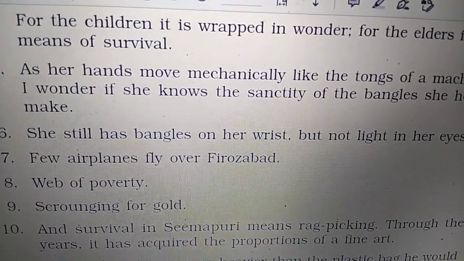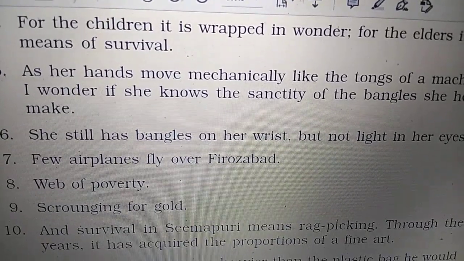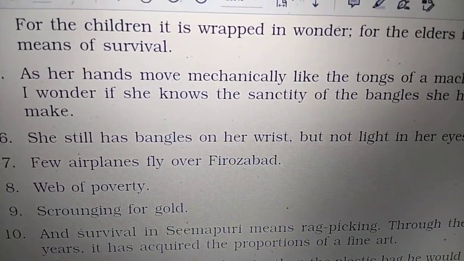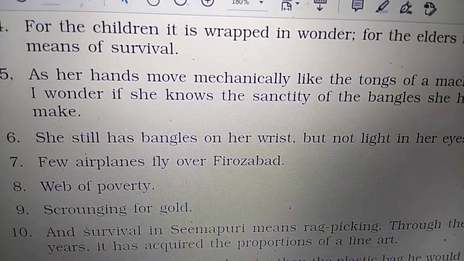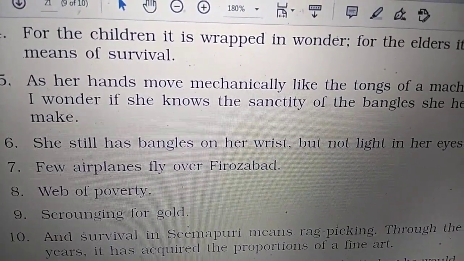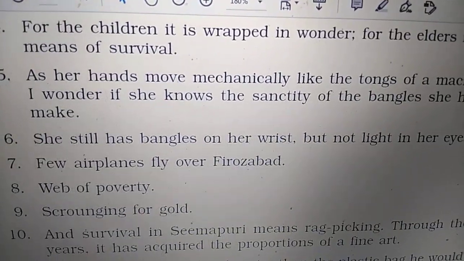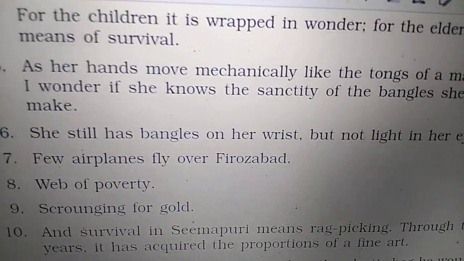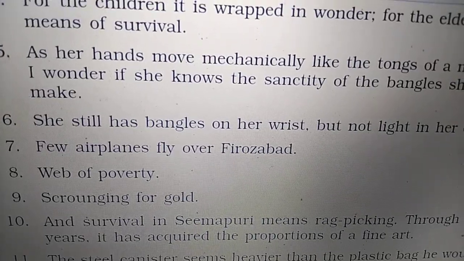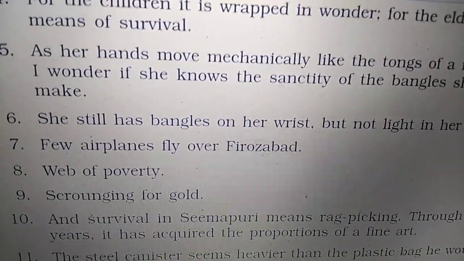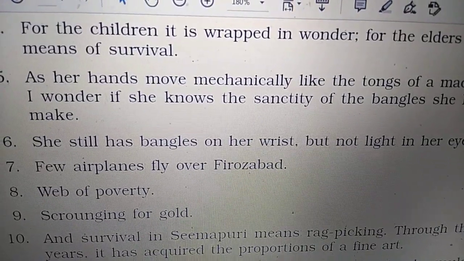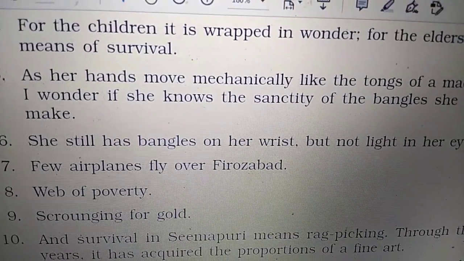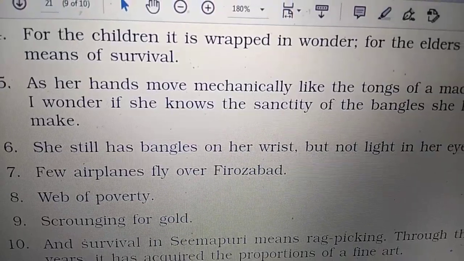Next one is "Few airplanes fly over Firozabad." Here you can see that the author has repeated the consonant sound f in few, fly, Firozabad. So when the consonant sound is repeated in consecutive words, it is called what? Alliteration. So the literary device used by the author is alliteration.